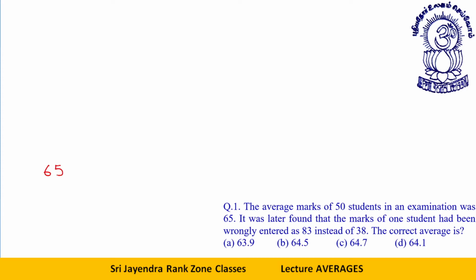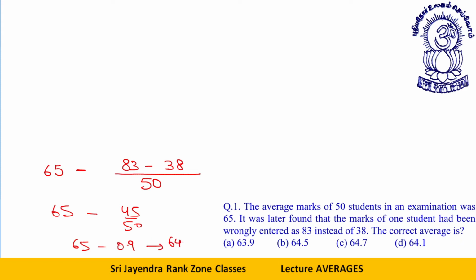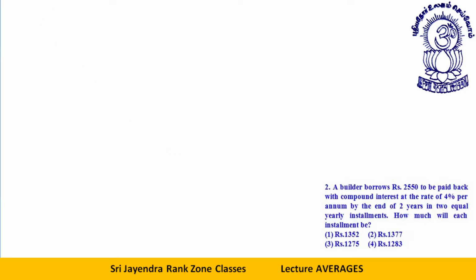The 65, this is the wrong value. How to correct it? It was entered as 83, this wrong value, minus 38, divided by the number of values. So that will give me 65 minus 45 by 50. We have done this earlier, okay? That will give you 64.1. Let's move to the next one.